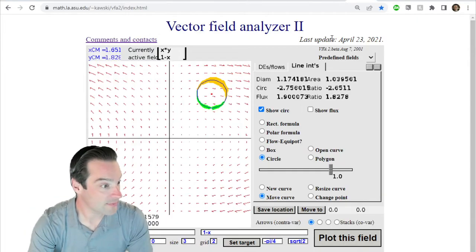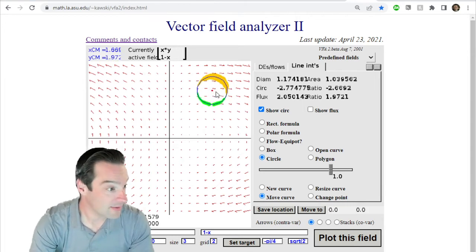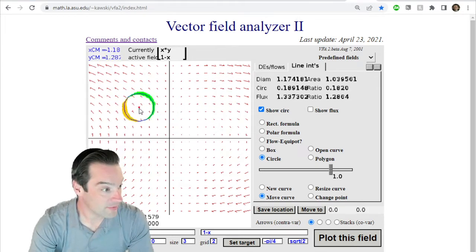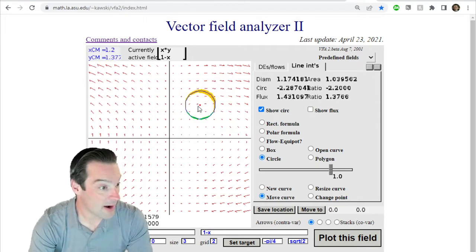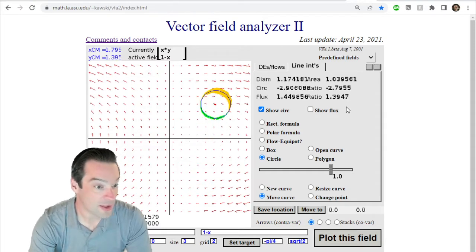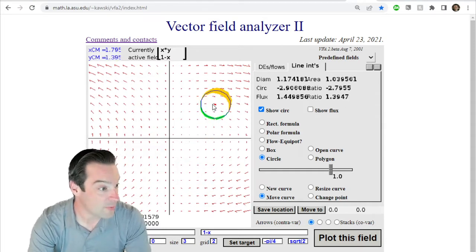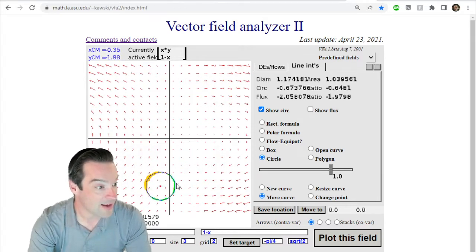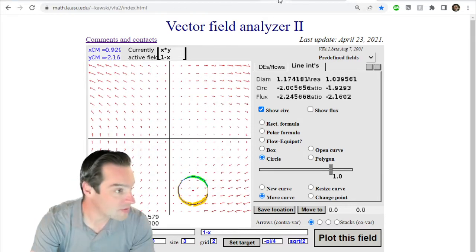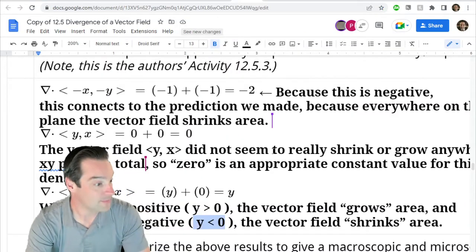And that comports with what we got. If I pick a flux that's above the x-axis, we get a positive value. A flux that's below the x-axis in this example has a negative value. And that ratio is what we're really looking for when we're talking about flux density. The ratio of the flux to the area is positive up here and negative down there, which aligns with the expectation that we had.